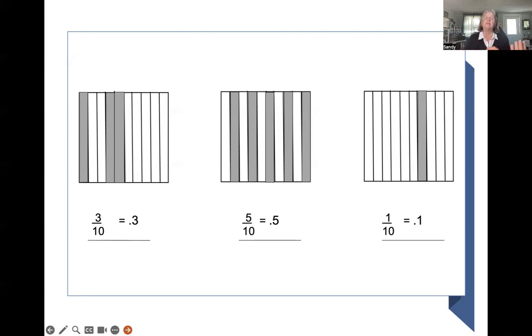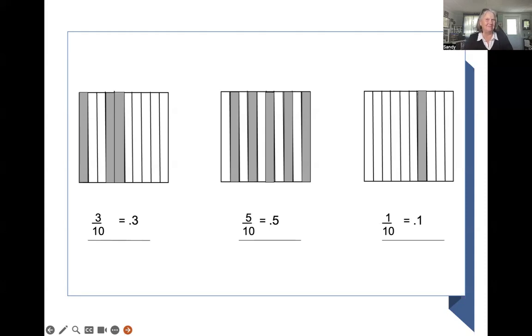Again, we want to label with both common fraction and decimal fraction so that they see the connection. And also, it's important that your children read them the same way. If I look at the first one, it's 3/10 as a common fraction and it's 3/10 as a decimal fraction. Many children shift into reading symbols, 0.3, 0.5, 0.1. That isn't going to support the link to place value we want them to have and the connection to the common fractions.